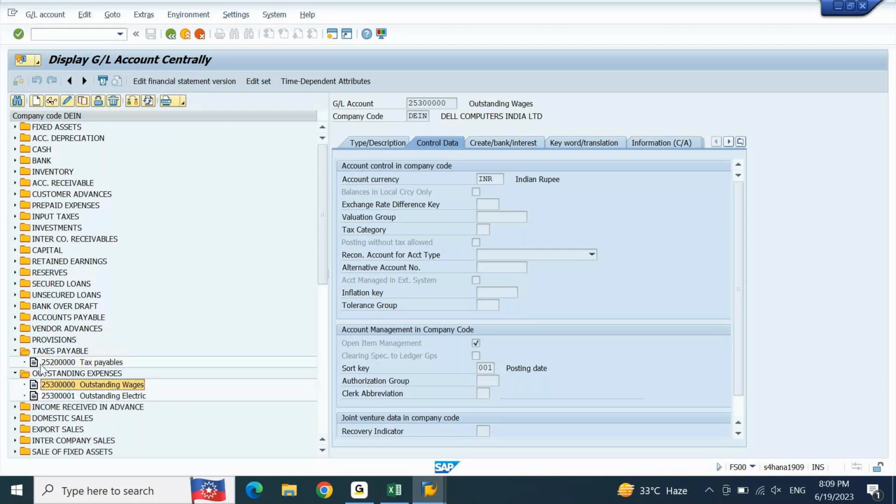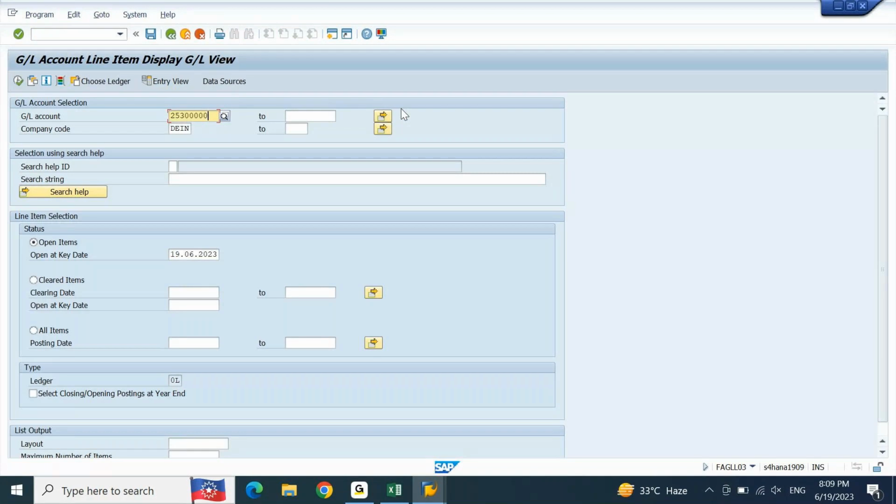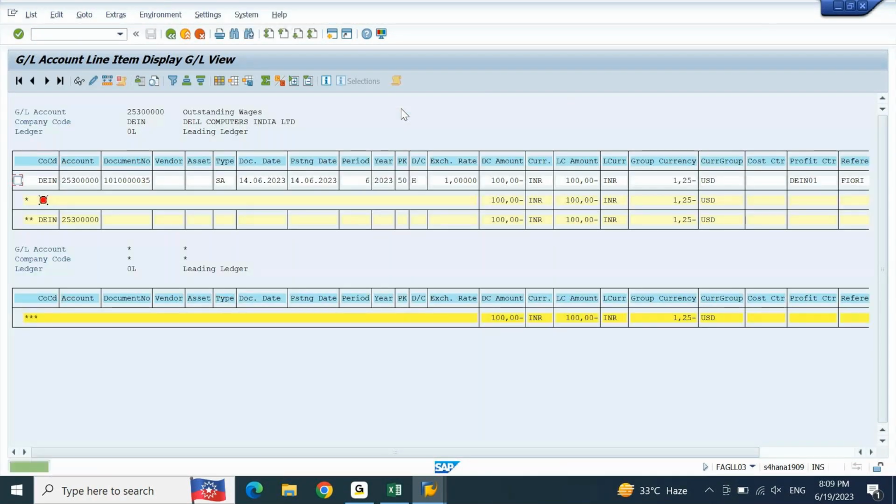If I run this GL report, FBL3N, I'll pass this GL account, open items as on today. What is the account balance? 100. Correct? In this account, the current balance is 100.